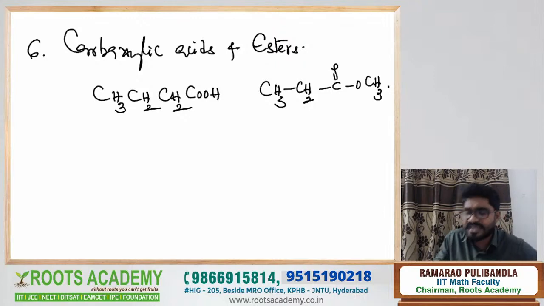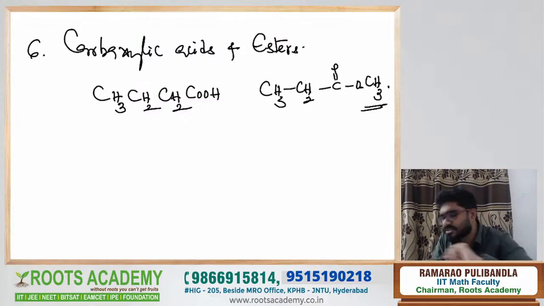Now come to this one. If it is an ester, first of all, we have to mention the alkyl group which is attached to the oxygen. So this is methyl. Remaining, how many carbon atoms are there? 3 carbon atoms, so prop. Ester is called as oate. So this is called methyl propanoate. Methyl propanoate, and this is butanoic acid.